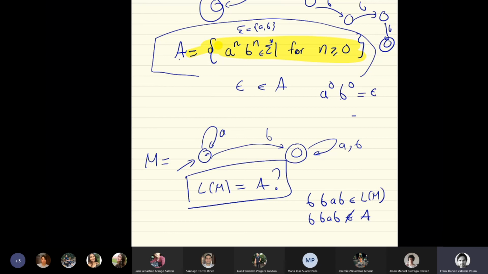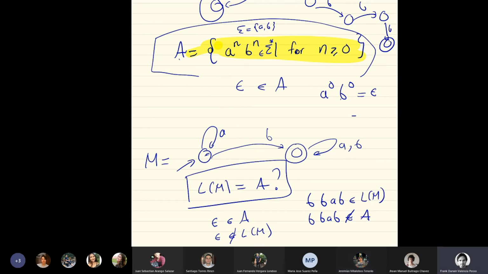And your automaton does not accept the empty string. So the empty string belongs to A, but does not belong to the language of M. That destroys your inclusion. Jeremias? Yes, so it will have to be greater than 0 for it to work. Yes, for your conjecture, you have to be greater than 0.